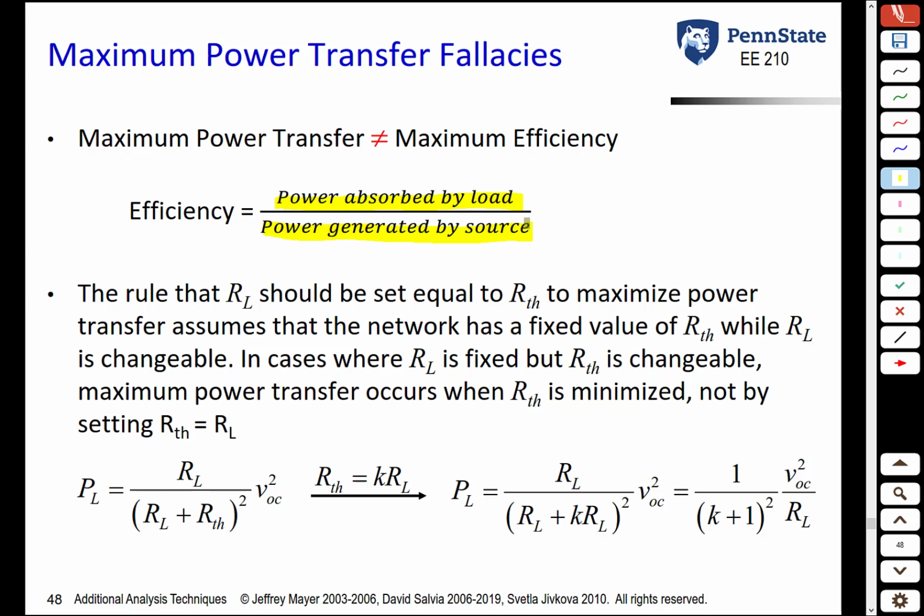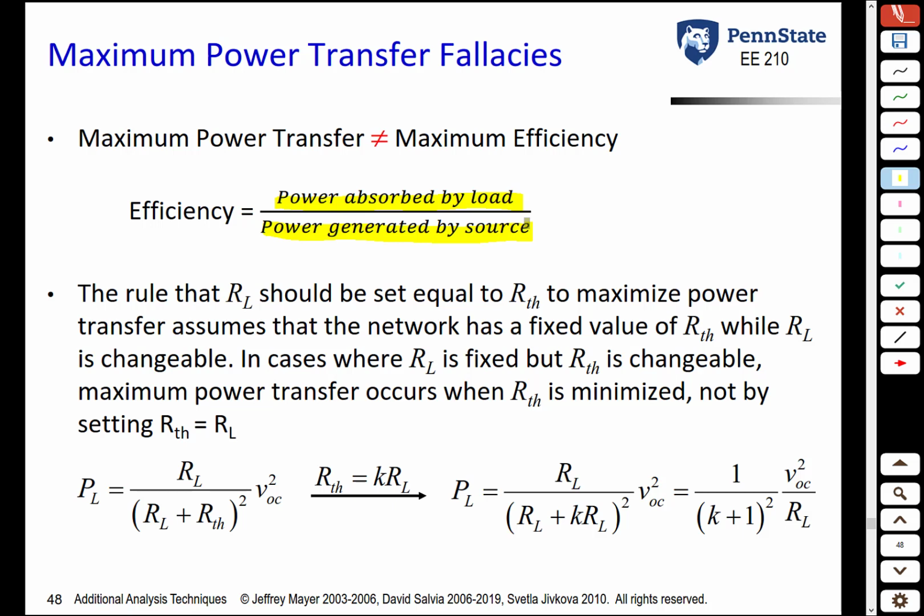What you have control over is the load. So you change the load, you set the load equal to R Thevenin to maximize power transfer to the load. But what if you have the ability to design a circuit to change R Thevenin? Your first thought might be, oh, if we know that we're going to be driving, for example, a 100 ohm load, let's set R Thevenin equal to 100 ohms to get maximum power transfer. It doesn't work that way.